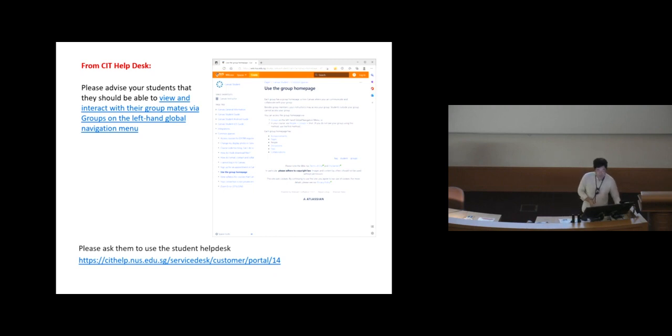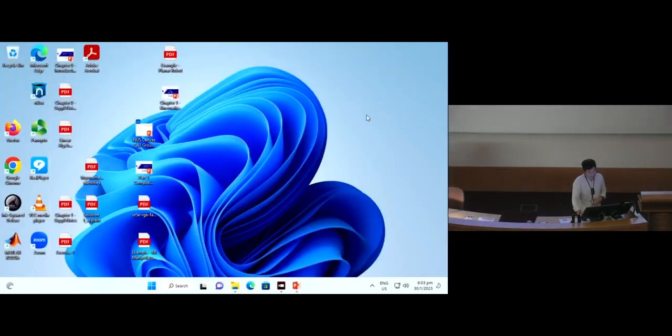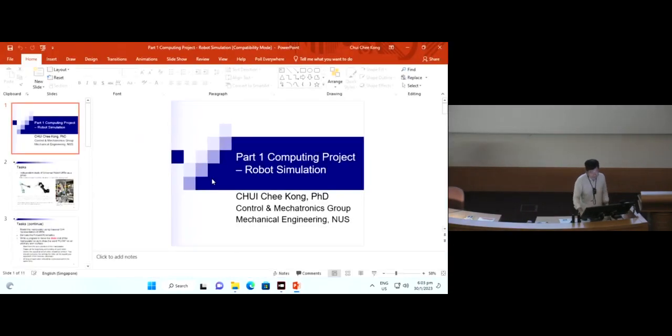Since we are on the topic of the CA, the computing project for part 1, instead of waiting until after the lecture, I'll review the CA now. Part 1 has 2 assignments.